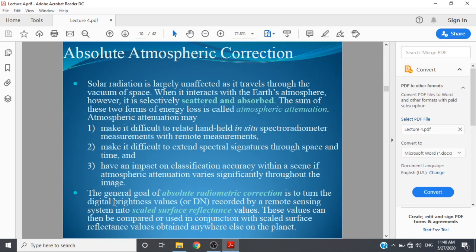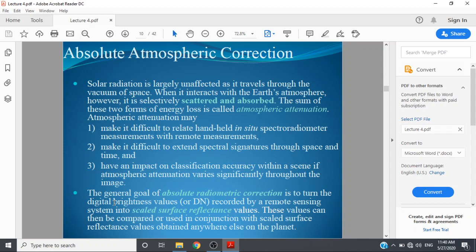In absolute atmospheric correction, solar radiation is largely unaffected as it travels through the vacuum of space, but when it interacts with the Earth's atmosphere, it is selectively scattered and absorbed. The sum of these two forms of energy loss is called atmospheric attenuation.